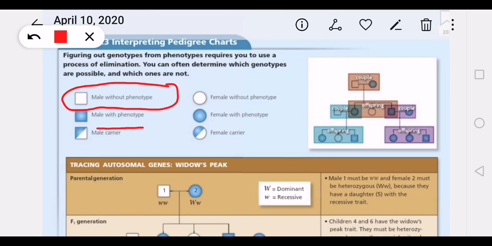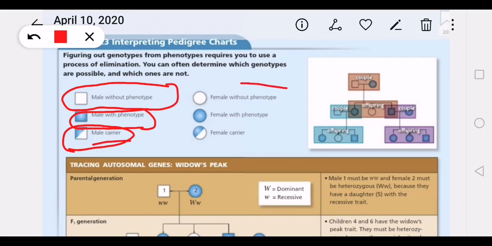And a male with a phenotype is a blue or a dark box. تمام؟ يعني اللون الأزرق مش شرط، ممكن نستخدم لون أحمر، ممكن نستخدم لون أسود، whatever. كويس؟ Now if a male carrier, now we are talking about ايش؟ مش X-linked gene بده يكون، ما دام الميل كارير معناته مش X-linked gene. شو بيكون؟ Half of the square is shaded and the other half is white. هاي بالنسبة للميل.